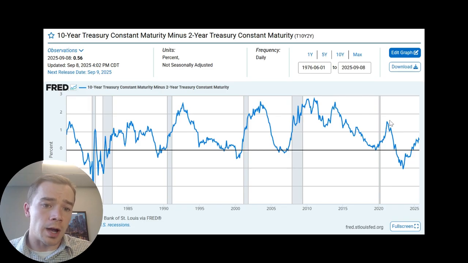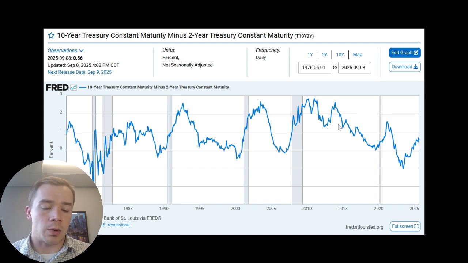So when the Fed started raising rates in March of 2022, you'll see here that very quickly the yield curve inverts, goes to its lowest levels since the 1970s, 80s, and has since normalized.